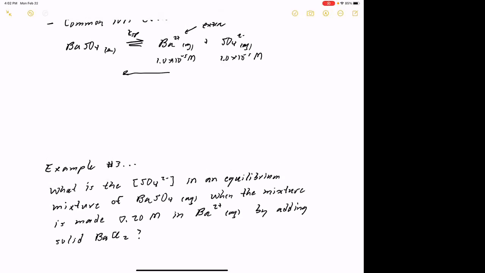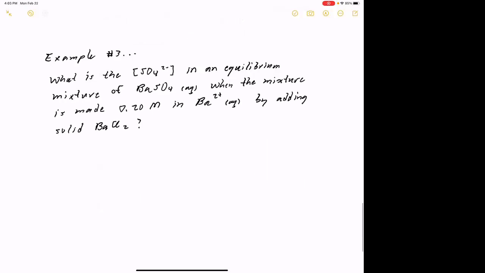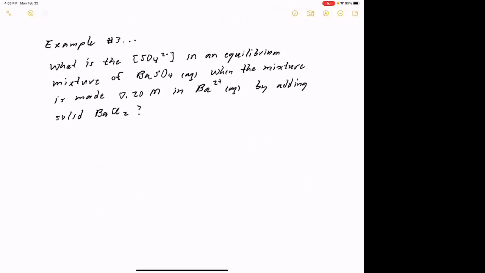So what ended up happening? Well, I end up using up some of the sulfate ion as well as some of the barium ion and pushing that reaction back to the left toward the solid. So the same thing's going to happen down here in this example, okay? So what we're going to do is set this up according to an ice table, just like we did in example number 1.